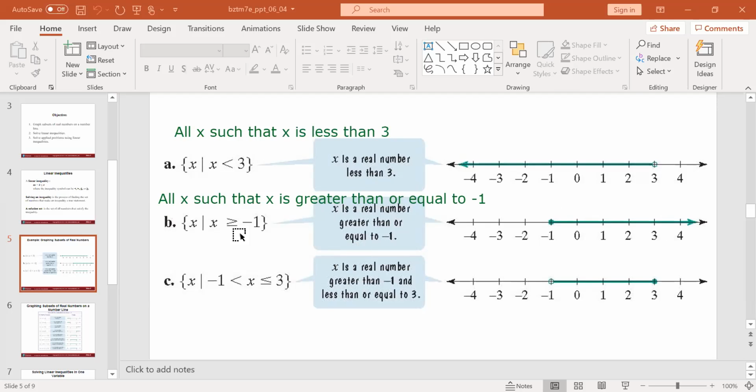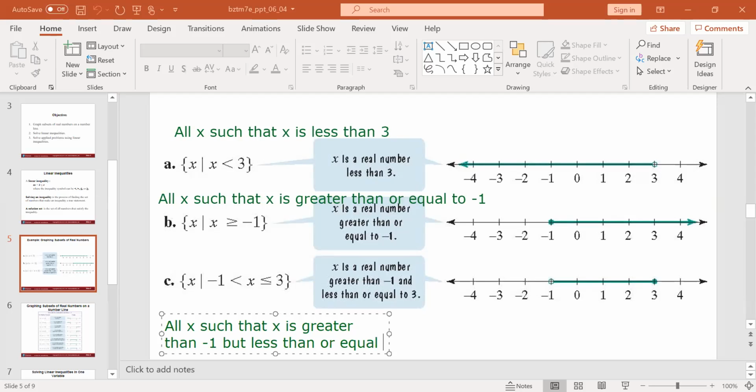Finally, this last one is saying all x, or all x values, such that x is greater than -1, but less than or equal to +3. So this is like they're sandwiched in there. It's all x values between it.